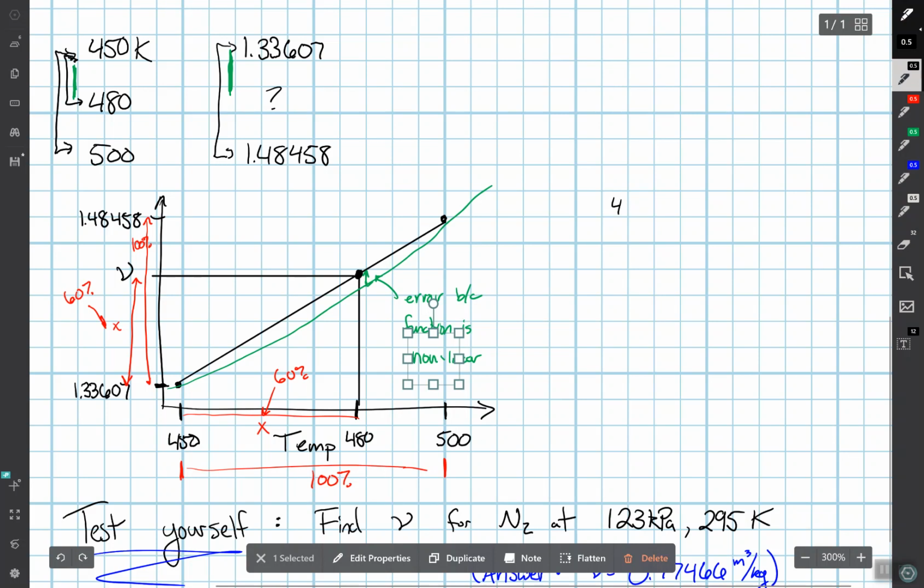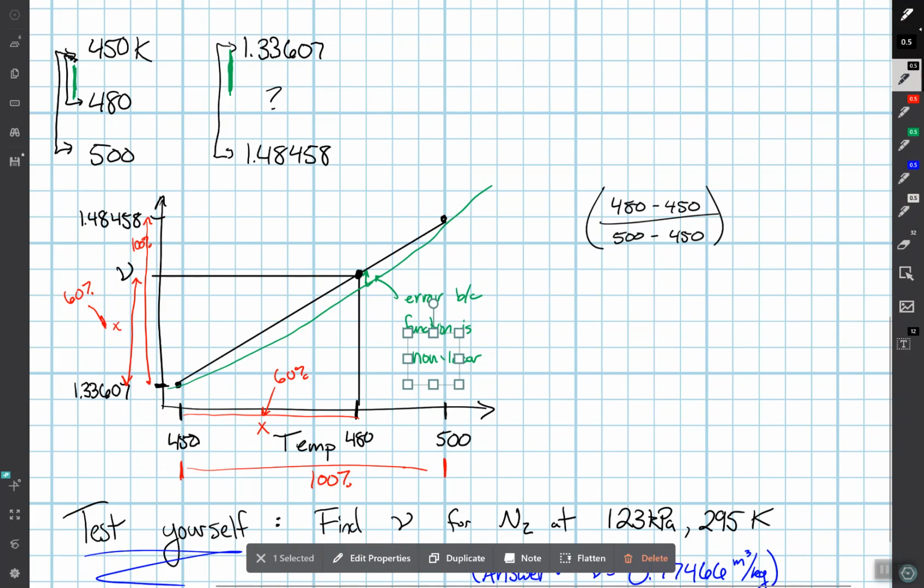So it would be 480 minus 450 divided by 500 minus 450. So this gives us the percent that we are along the x-axis. And that's going to give us the percent that we are along the y-axis too.